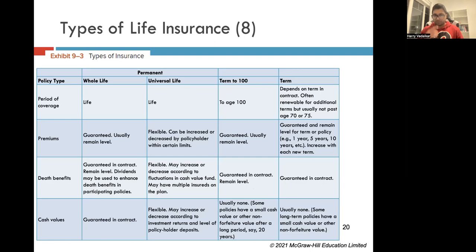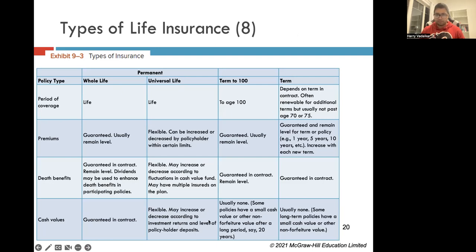Cash value: if you do not want the policy, you can hand in your policy and get some cash from the insurance company. So a whole life policy has a cash value that is guaranteed in the contract. Universal, it is flexible. It depends on the investment returns, how the investments are doing.